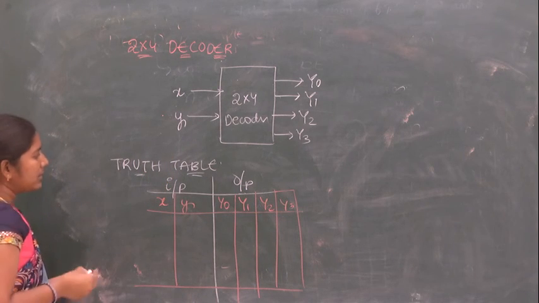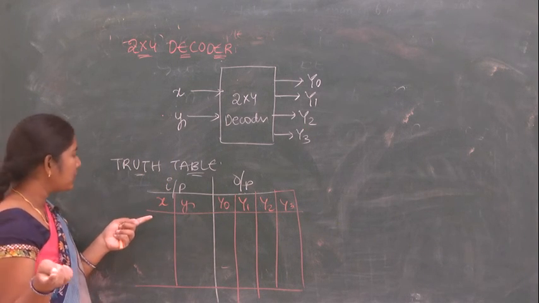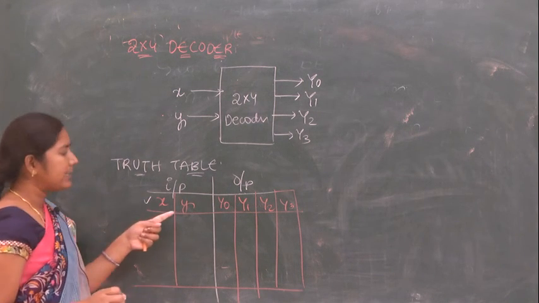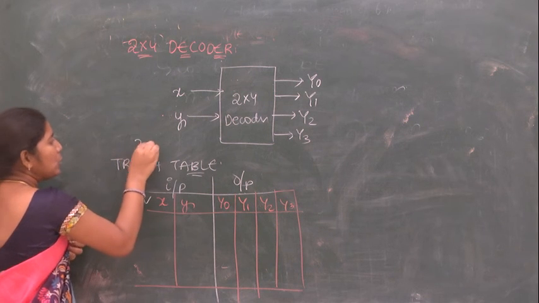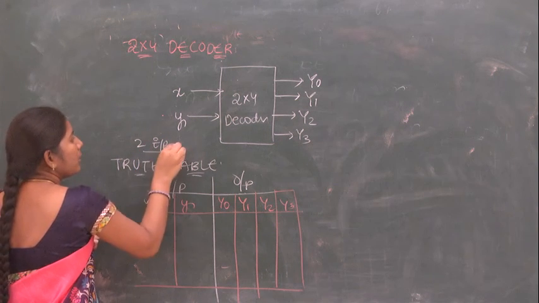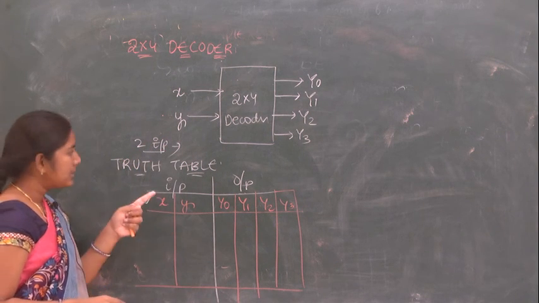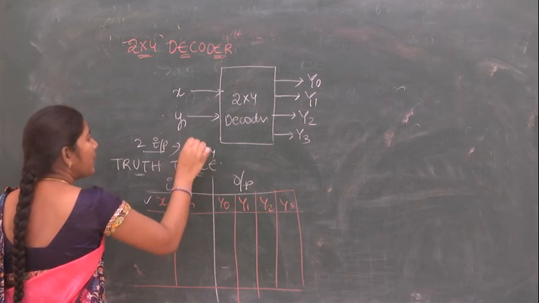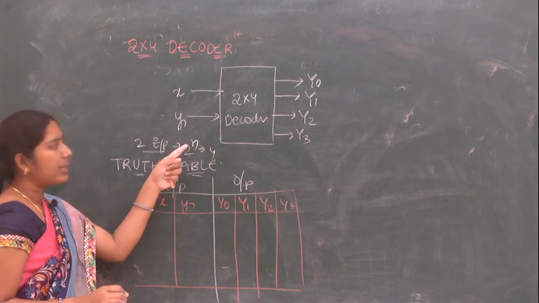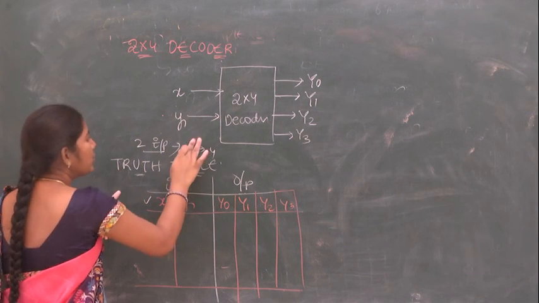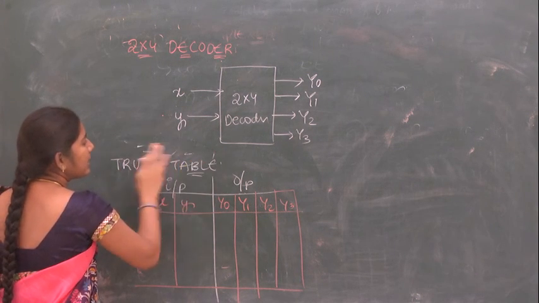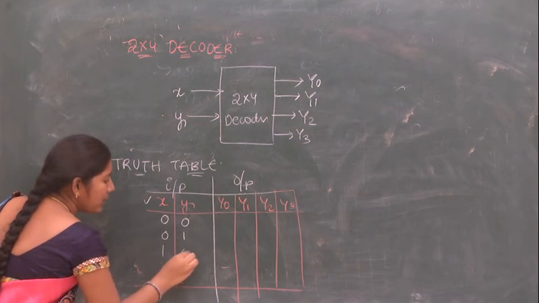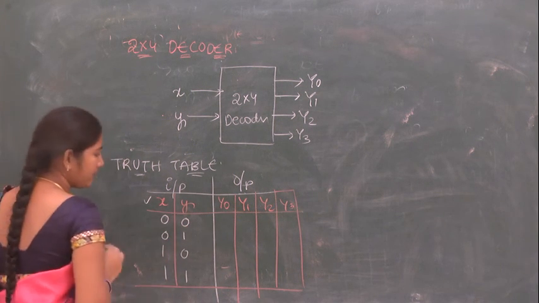When we are developing the truth table, the combinations always depend on the input itself. As we have 2 inputs, the possible combinations in the truth table are 2 square, which is 4, that is 2 power n, where n is the number of input lines. So the 4 possible combinations are 0 0, 0 1, 1 0, 1 1.